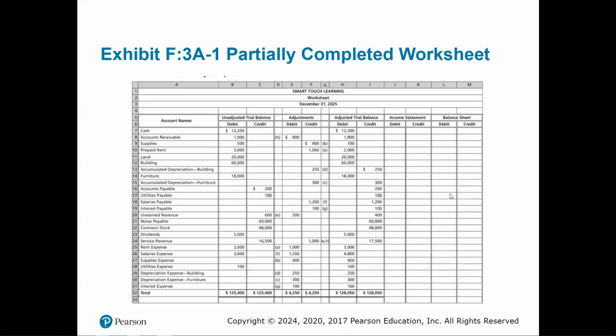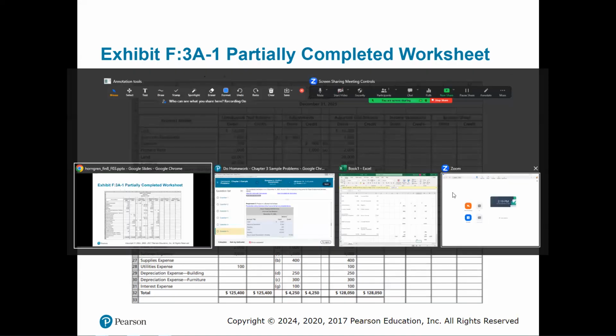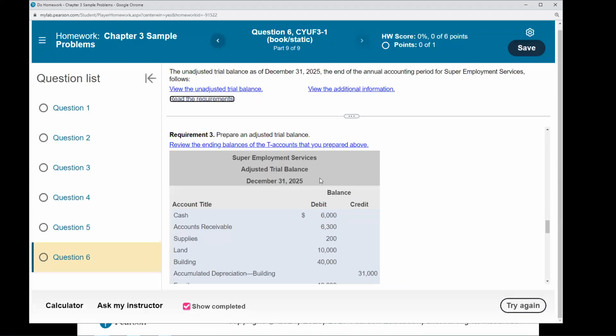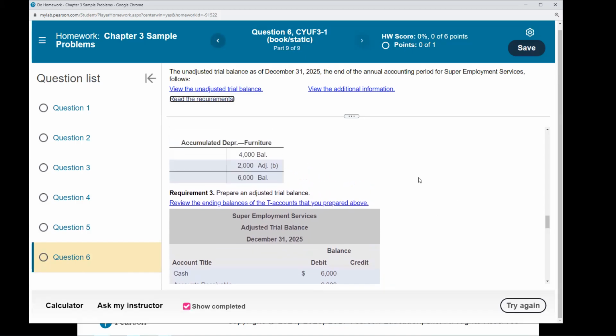So, looking at how that would work for this problem, we've already gotten our unadjusted trial balance and our adjusted trial balance. What we would want to do is fill out the unadjusted columns and carry down the net of the adjustments from the T accounts that we did up above.